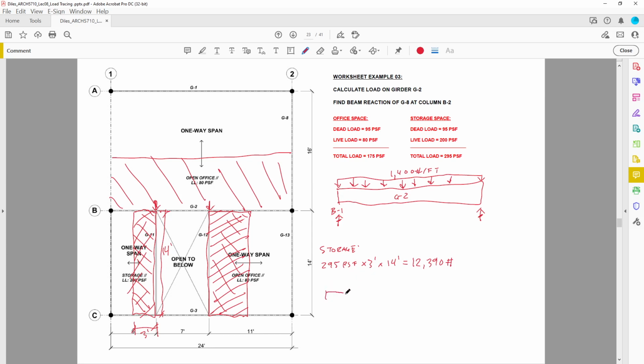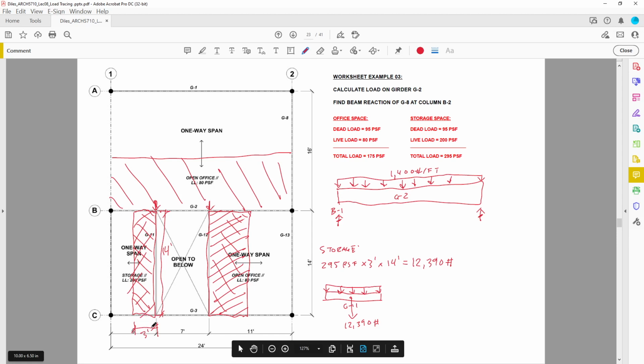So if we were looking at G11, a little free body diagram of G11, what we would see here is now that is the point load version of the load, right? If we were thinking about the continuous load along the top, it would only be 295 times the tributary area of 3 feet, right? So that would be 295 times 3.